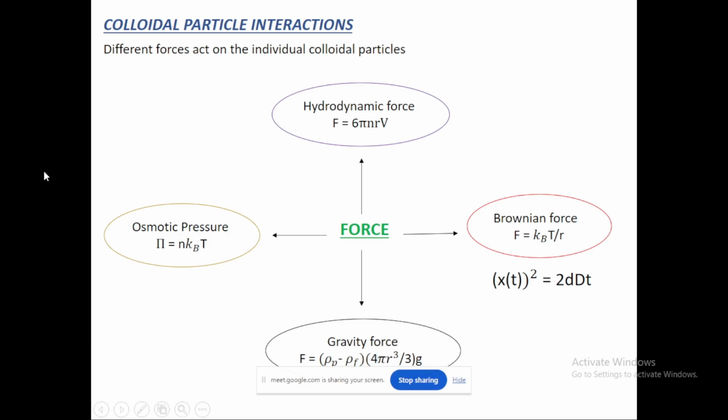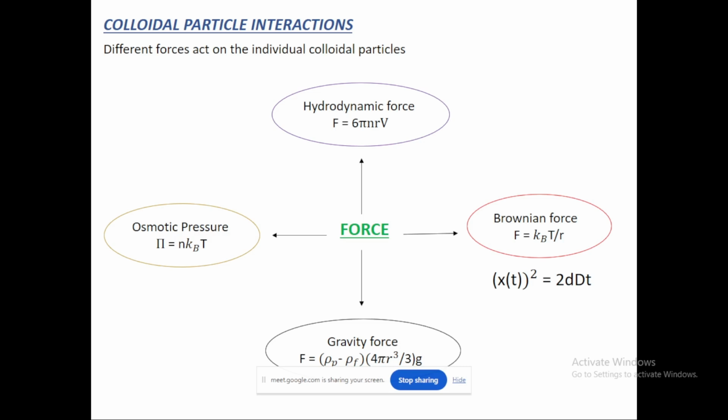So the net force between the gravitational and the buoyancy forces can be represented as (rho p minus rho f) times the volume, that is 4 pi r cubed by 3, times g.